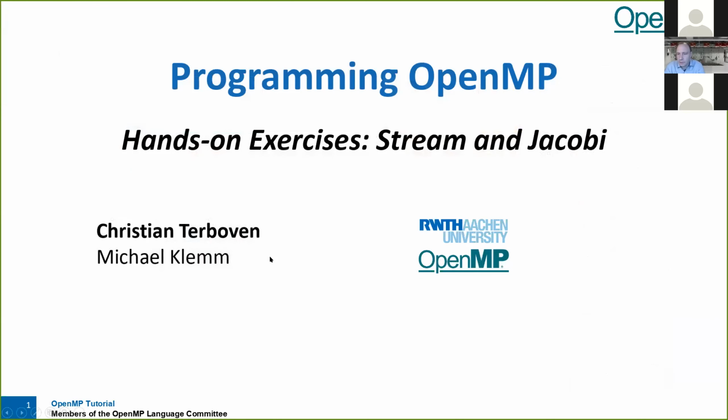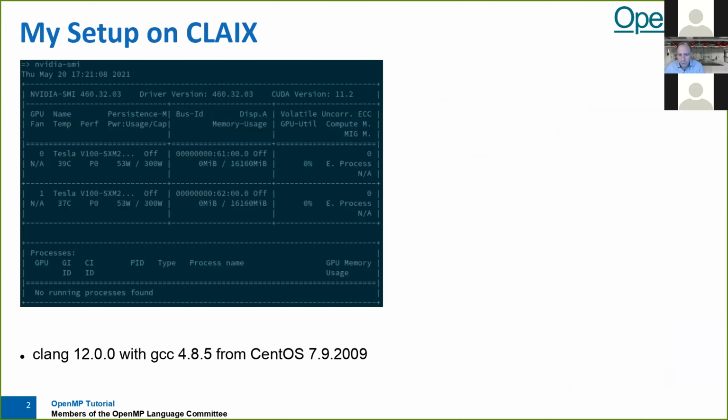Okay, so last week we gave you two codes. The one is stream, which you could use to measure the bandwidth that you can achieve on, for example, the host and the GPU and compare that. And I think the code that was a bit more interesting was the Jacobi kernel, and we asked you to port it to the GPU.